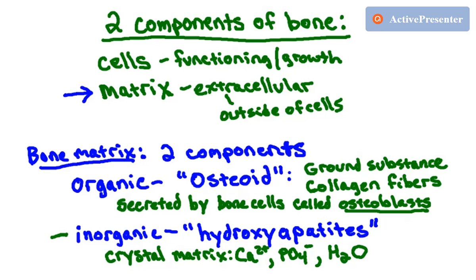And this makes up for the hardness of the bone, because it has the minerals in it. And this matrix surrounds the collagen fibers of the osteoid in the bone matrix, and that's what gives it strength. Inorganic hydroxyapatites hold all the minerals in the bones that you need. That's what makes your bones hard.